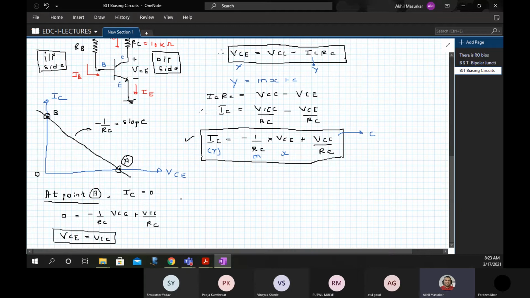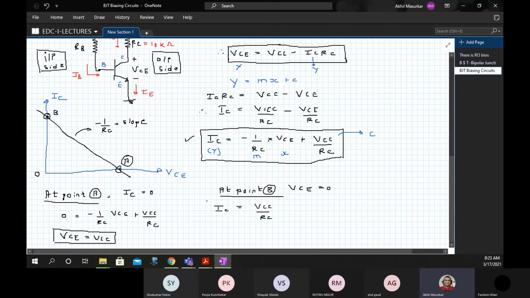At point B, we can write VCE is equal to 0. So VCE equal to 0 means IC is equal to VCC upon RC, simple.